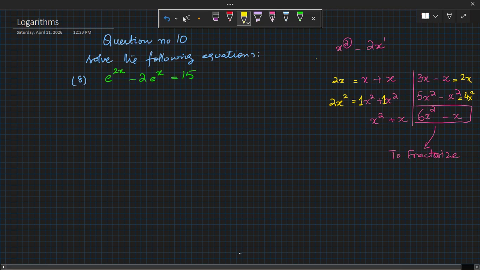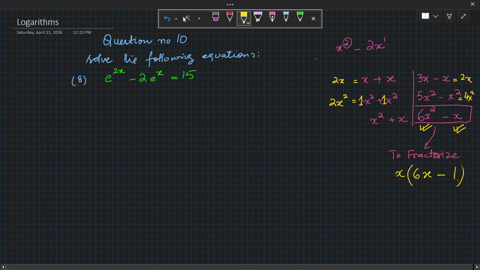So you take out what is common. What is common in these two terms? x is common. You take x common and put a bracket, and there 6 will come, and from x square, since one x has already been taken common, only one x will come. Then this minus 1 is there, and since x has already been taken common, only 1 is left.